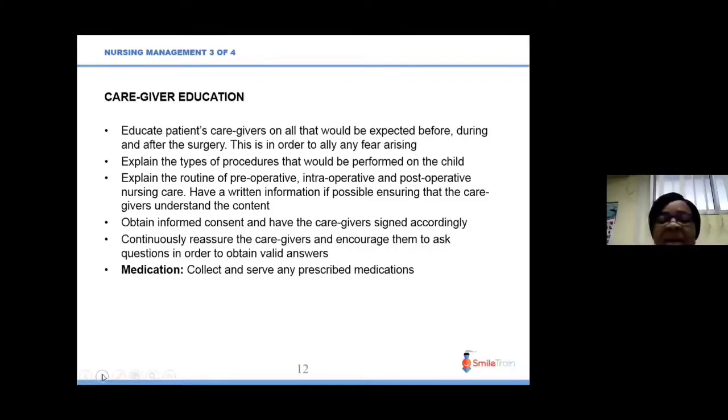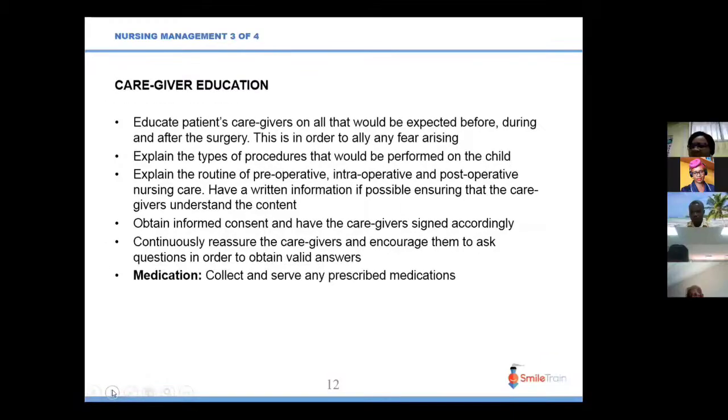Have a written information, if possible. Some hospitals do have written information that you give to caregivers to go through your do's and don'ts, what to do. Because when you train them, when you educate them, post-operative care, they follow it very well, so that the child healing will be at first intention.